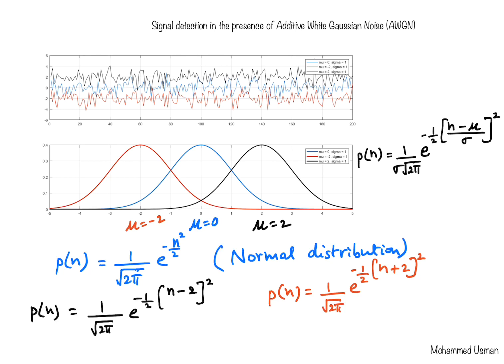Another way to interpret or to observe the standard deviation is to look at the variation from the mean value. So the standard deviation gives us by how far the samples are going up and down, above and below the mean value. If the standard deviation is high, you will see that these will fluctuate more. That means there are samples further away from the mean value. So if the standard deviation is less, that means all the samples are very close to the mean value.